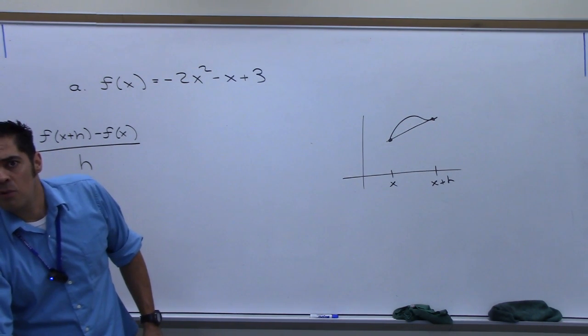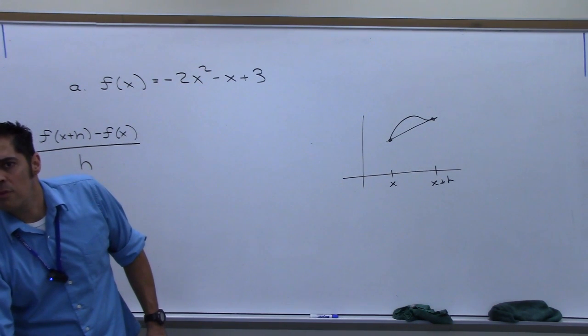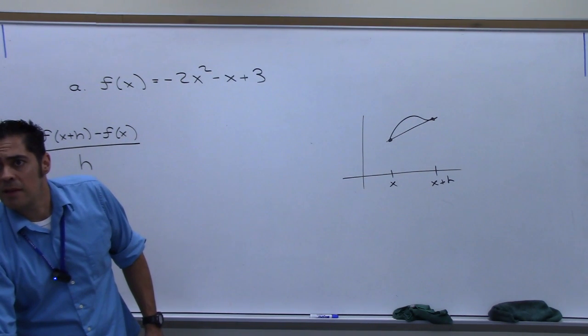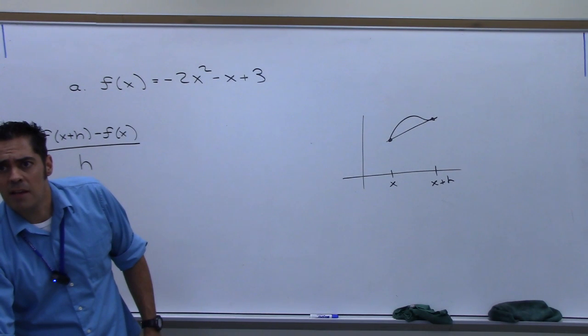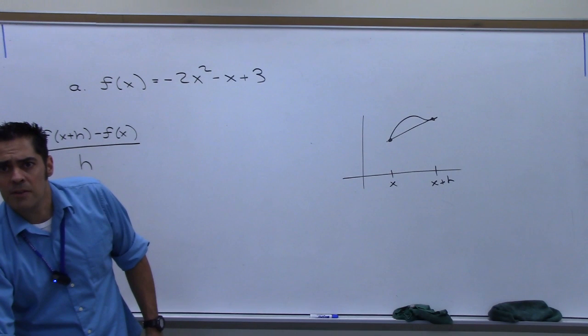I take some second point, which is x plus h, plug it into the function. Those are the coordinates of the point. The slope of the line connecting them is rise over run. Here's your rise, here's your run. This is what I told you in class last time. We draw this line, and then we try and move this point over, and what you'll notice is that the slope of that line is getting closer and closer to something here. Now if I zoom in, I can go even closer, and it's approaching something.